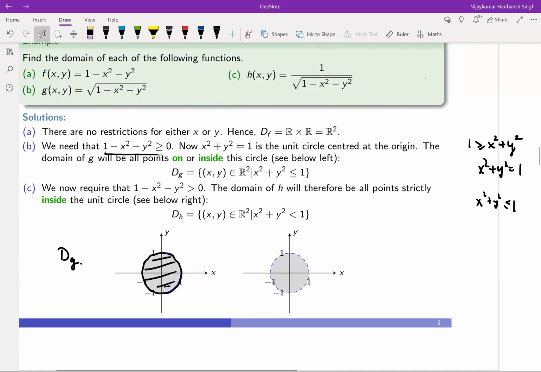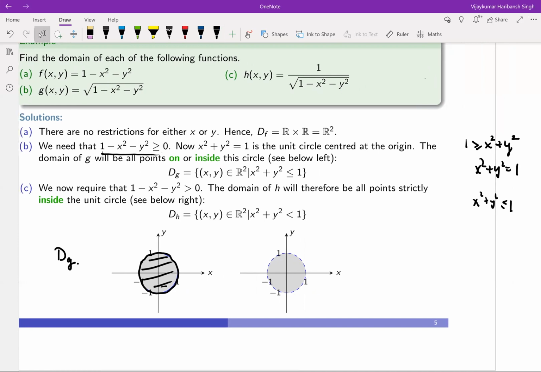Now let's look at the next problem. h(x, y) is 1 upon the square root of 1 minus x squared minus y squared. In this case, what you need is not only that this has to be greater than or equal to 0, but this cannot be 0 either.